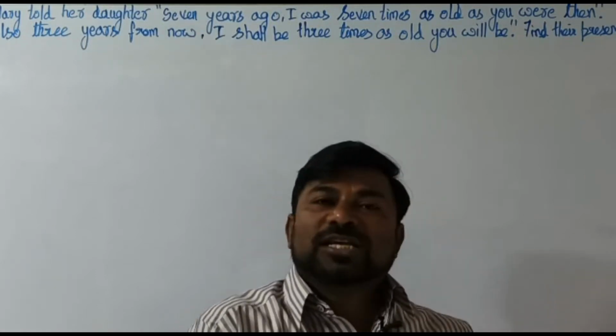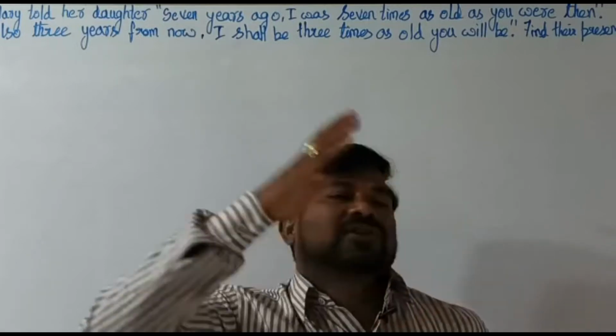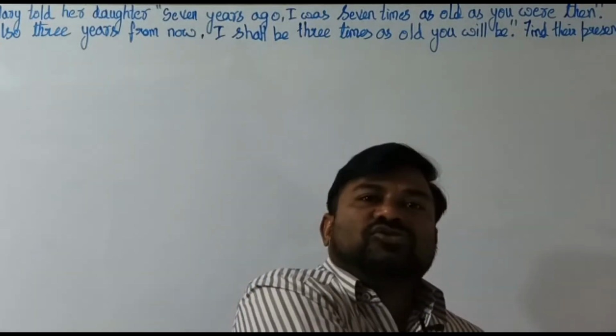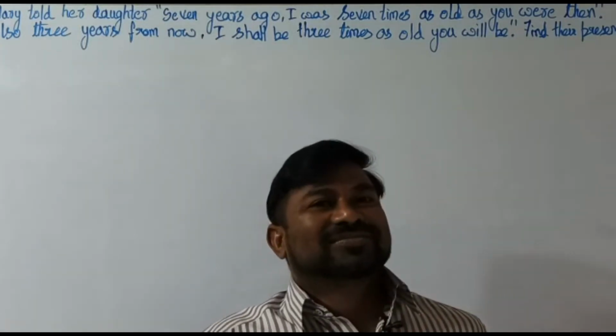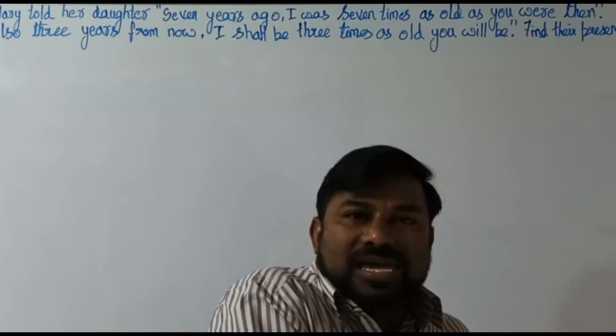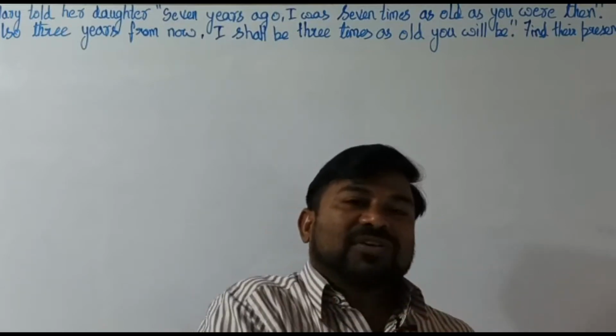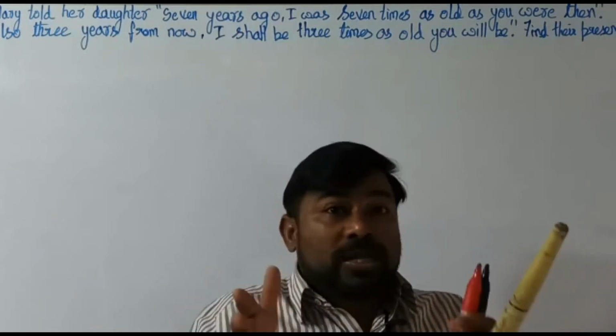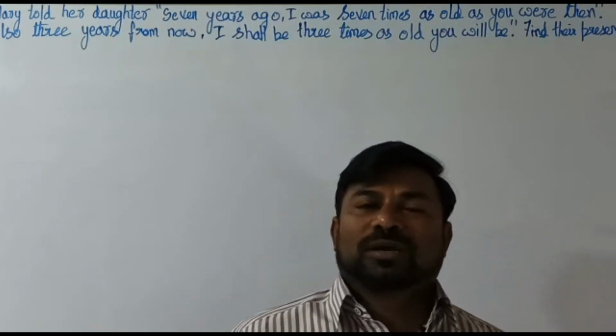Suppose the age of the daughter was 3 years, 7 years back, she is 7 times that 3, that is 21. Hope you are able to understand. If the daughter's age is 5, she is 7 times that, 7 into 5, 35. This is not the present we are talking about.